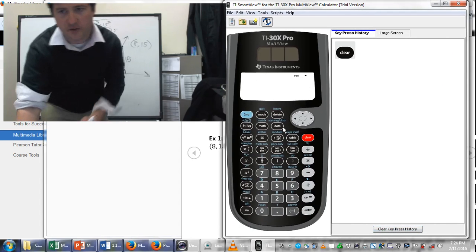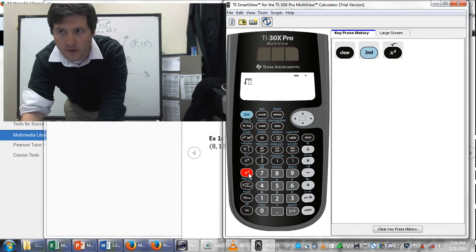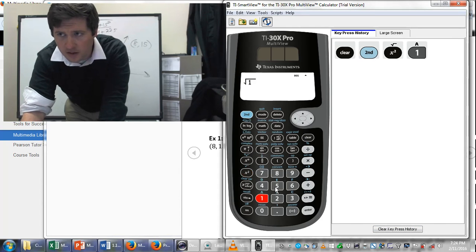That's 64 plus, I'm not sure what 15 squared is. Ooh, but I got a new calculator emulator.